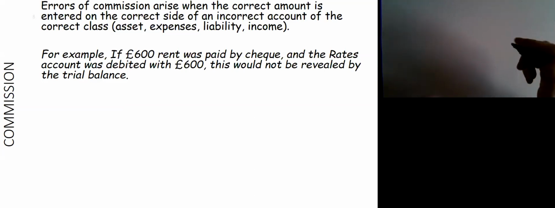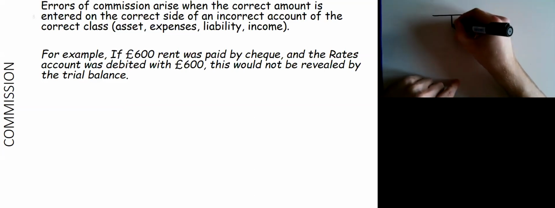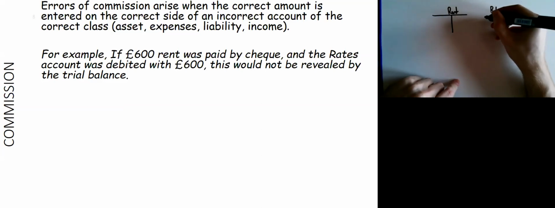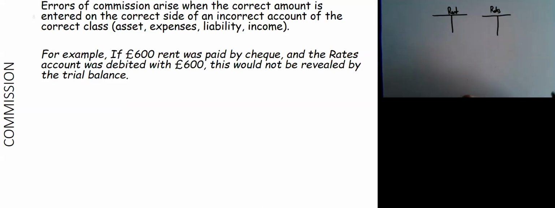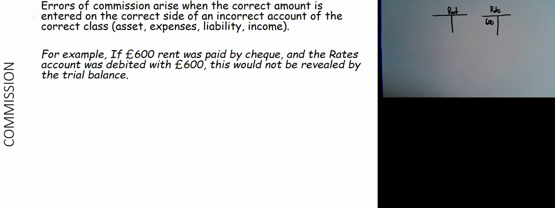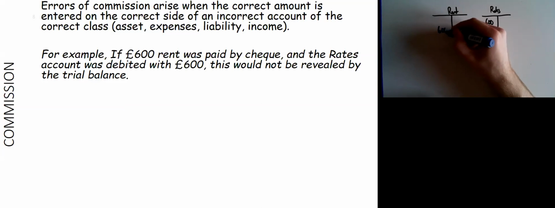So to fix it, you would have rent and rates, and if it doesn't say anything about the other side, you can assume the other side was correct. So we have £600, it was put in rates as a debit as an expense, but that £600 should have been put in rent.